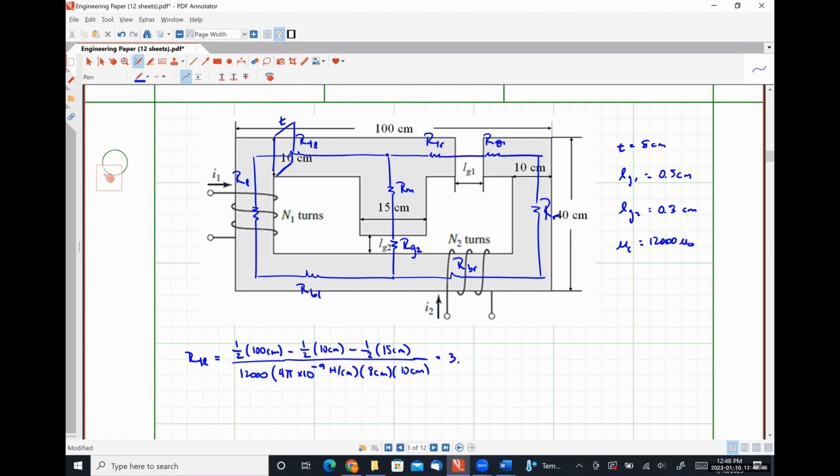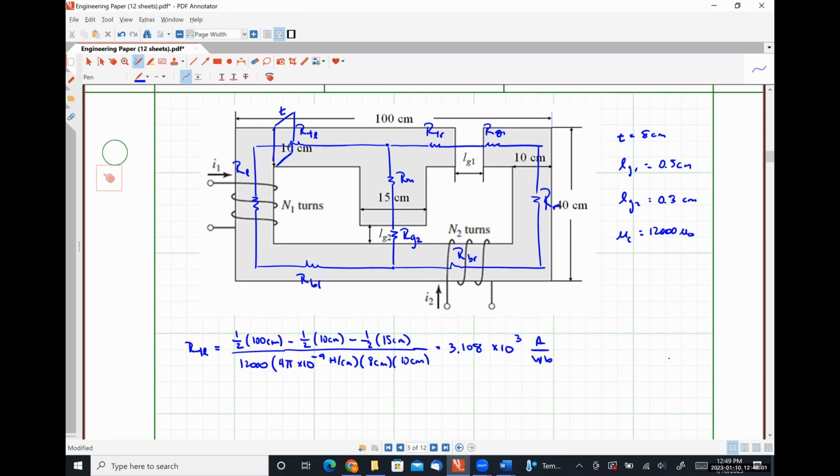Thank you. 3.108 times 10 to the 3 amps per Weber.